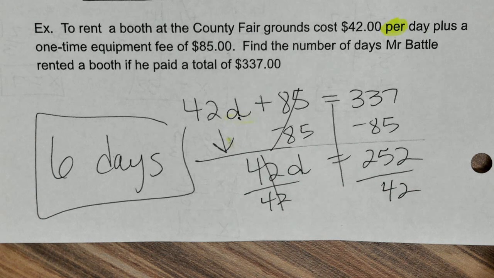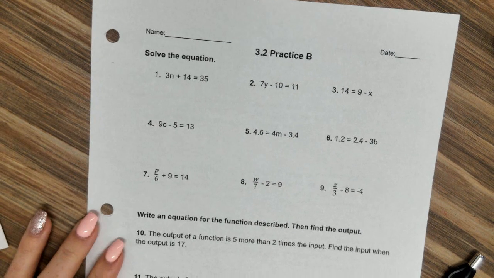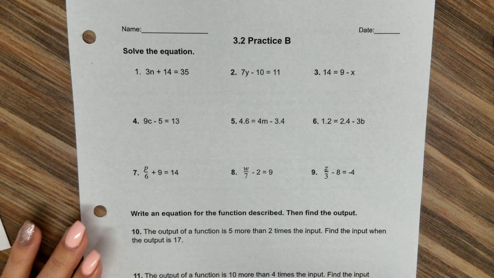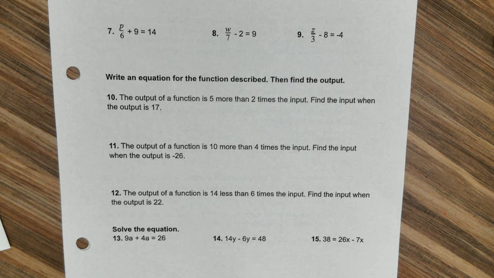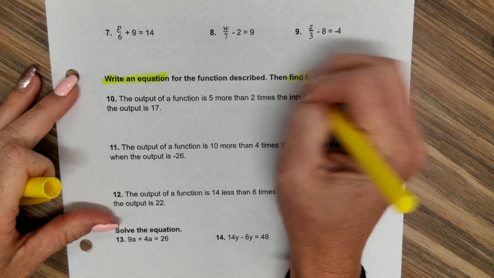All right, let me pass out the assignment. On 1 through 9, there is no reason you should miss any of those because you can plug your answer back in to check it, yes? 10 through 12, you write the equation. That's the first part. Then solve it.